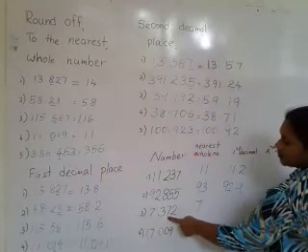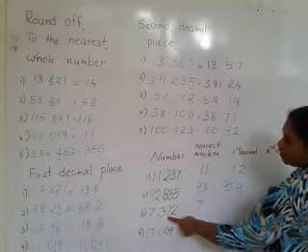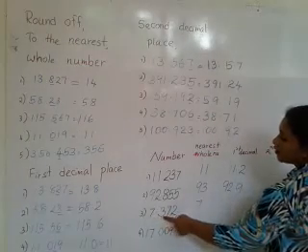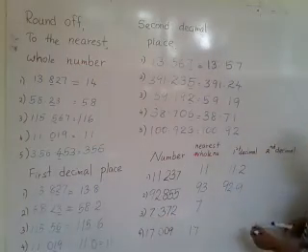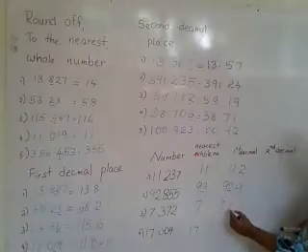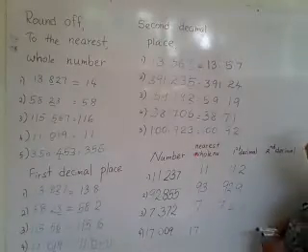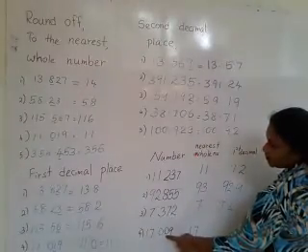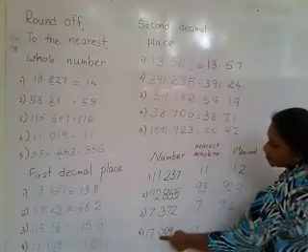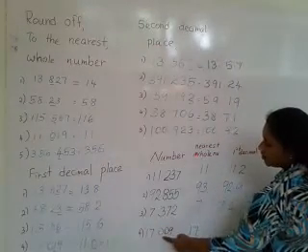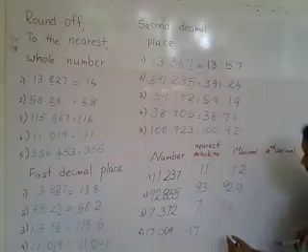Here the second decimal is 7, have to change, 7.3 becomes 7.4. Second decimal is 0, no change, so 17.0, or you can say 17.